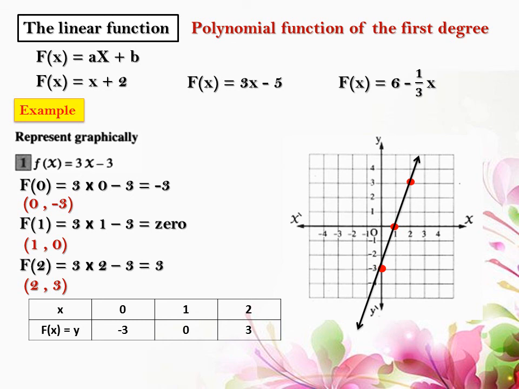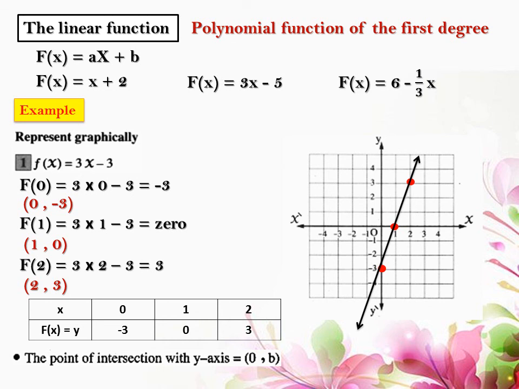Now another question in this example, the point of intersection with the y-axis. We have two points in this example, the point of intersection with the y-axis and the point of intersection with the x-axis.